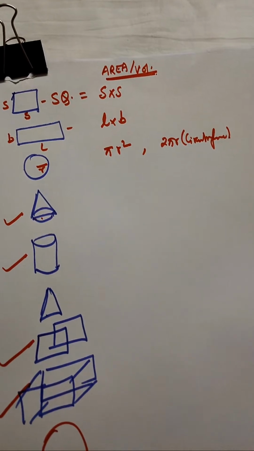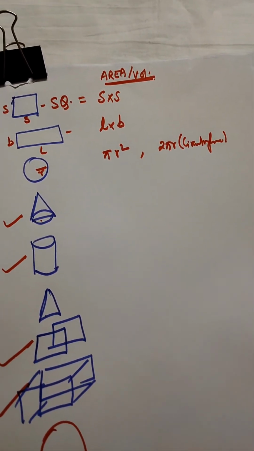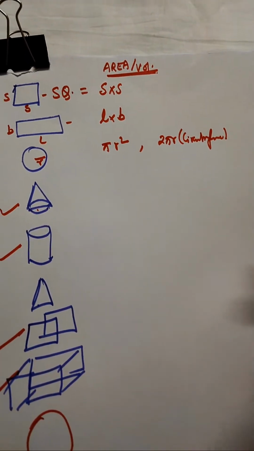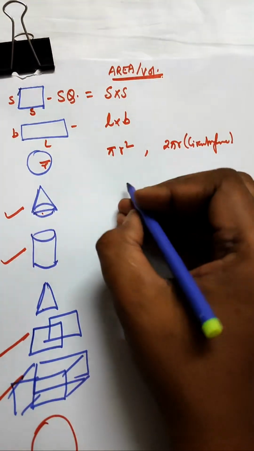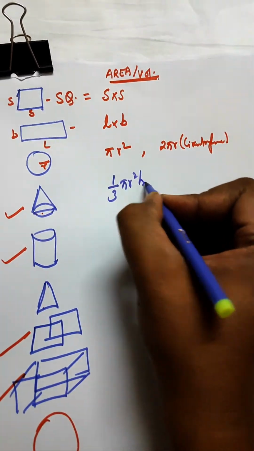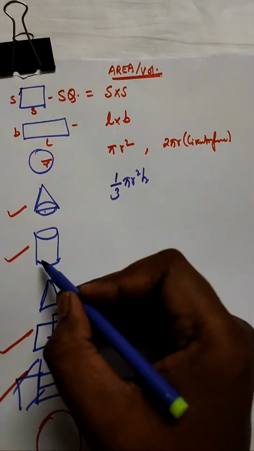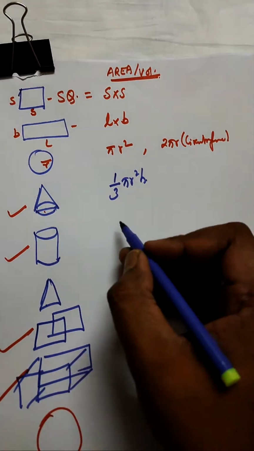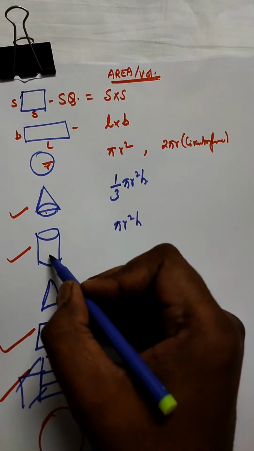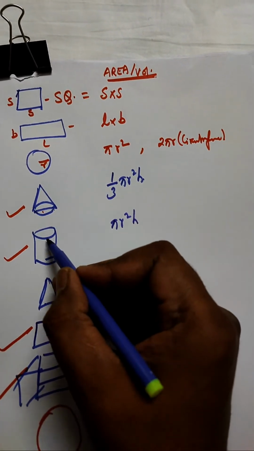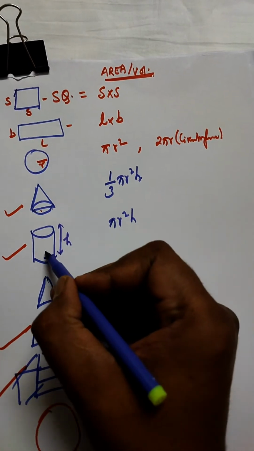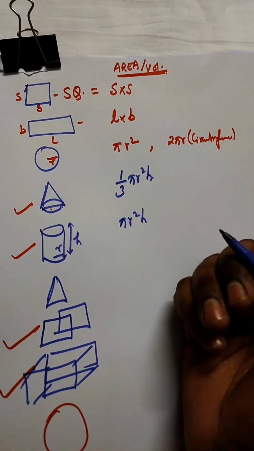If we have a cone, then there will be no area, it will be a volume, right? And what is the volume of a cone? We have already seen that, that is 1 by 3 pi r square h, right? What is the volume of a cylinder? This is pi r square h, right? Where h is the height and r is the radius.